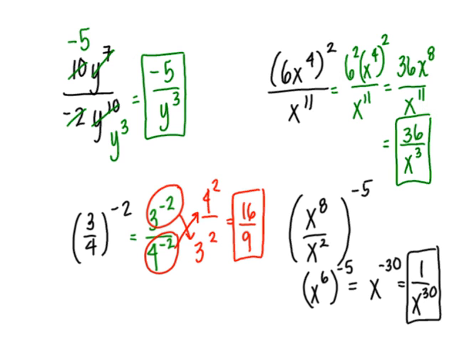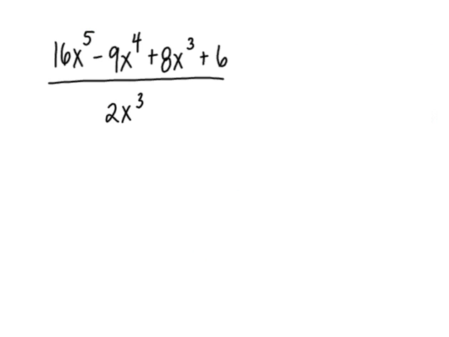We only have two left. This is one we've actually worked before in section 5.5, so we're going to revisit that. We're going to separate it down into 4 pieces. So we have 16 x to the 5th over 2x cubed.